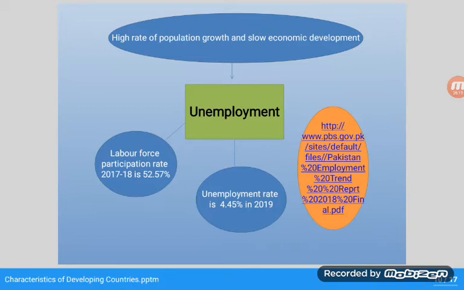Now the unemployment rate in 2019 remained 4.45%. So whenever you are discussing these points, it's always good to make your explanation valid enough and add up these figures.